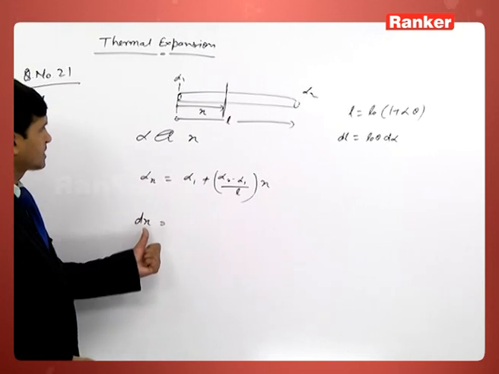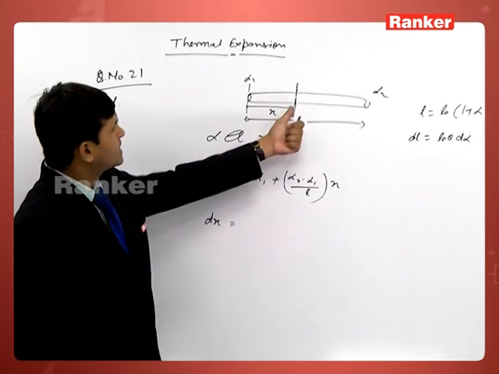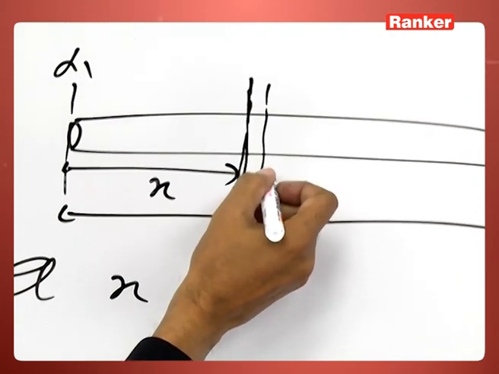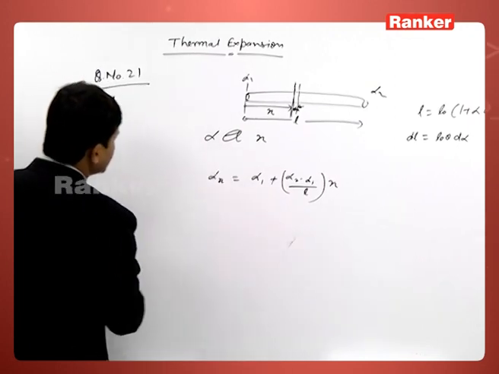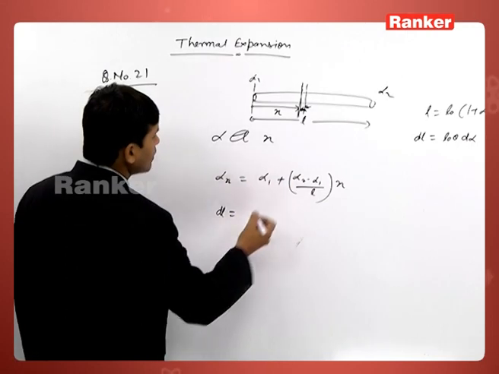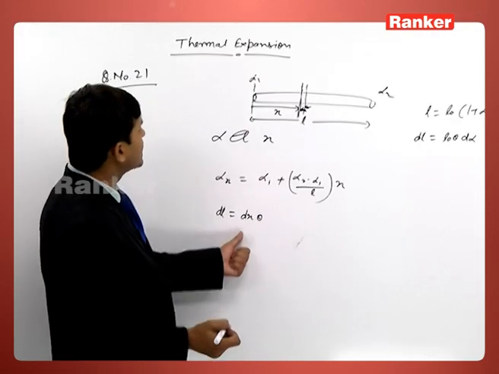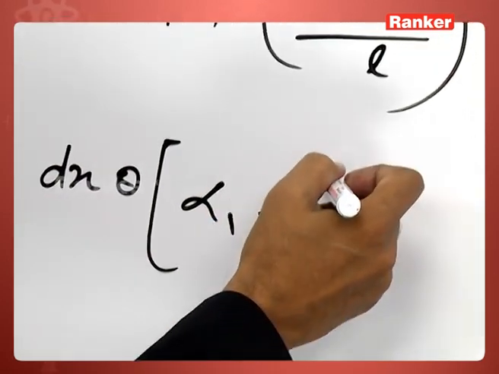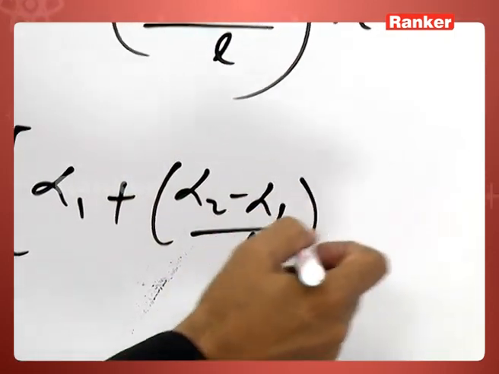Similarly, we can write for the element dx: dl is equal to L naught, meaning dx, into theta, and at this point alpha is alpha 1 plus (alpha 2 minus alpha 1) by L into x.